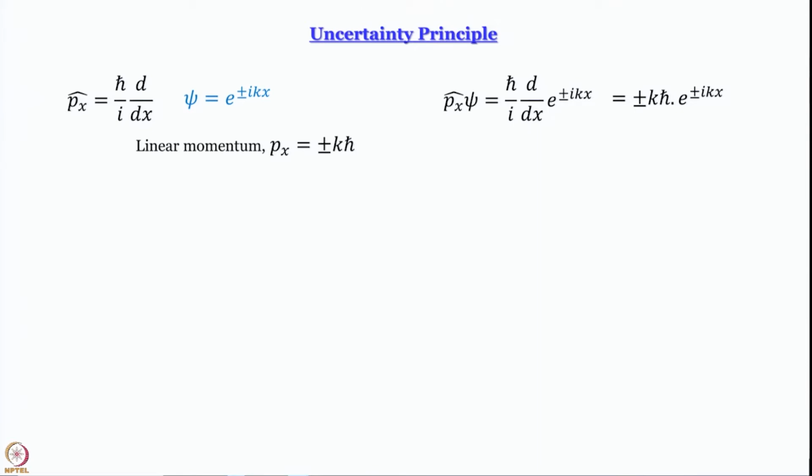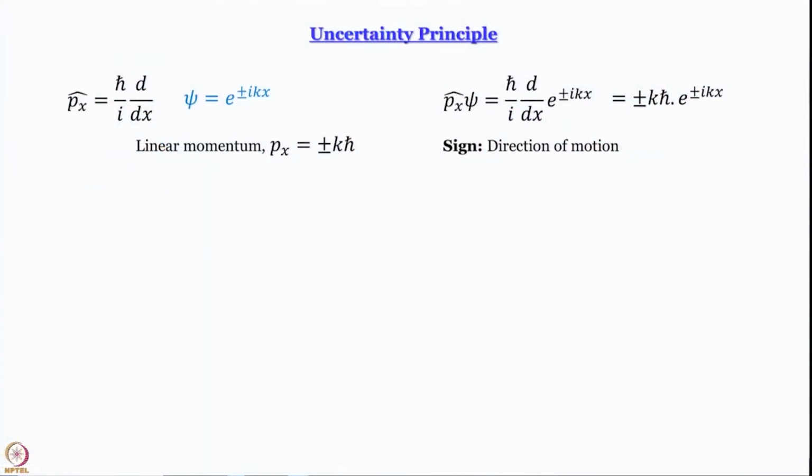What does it mean? It means that the linear momentum associated with the system, associated with this wave function, is plus minus k h cross. That plus minus k h cross is the value of the linear momentum. No surprise, root over 2mE divided by h cross, that would be the linear momentum.